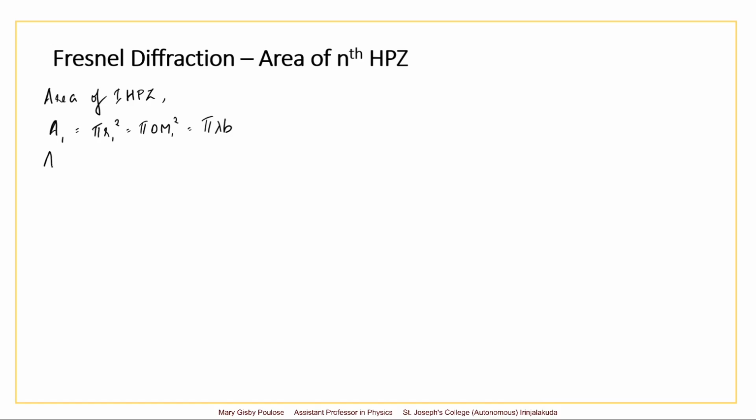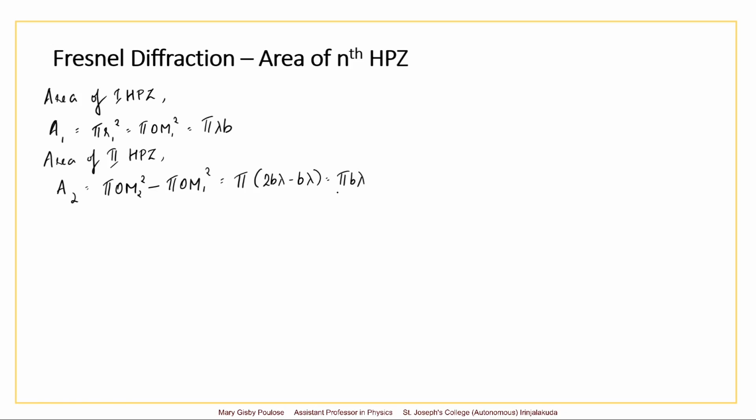Now, the area of the second half period zone, that is A2, is written as pi OM2 square minus the area of the first half period zone, that is pi OM1 square. It can be written as pi of 2b lambda minus b lambda, that is equal to pi b lambda.